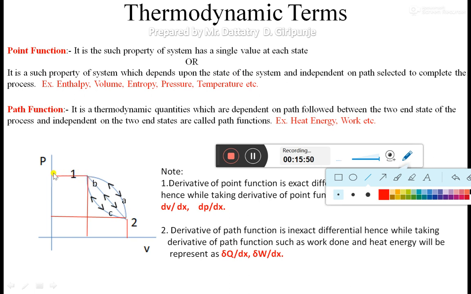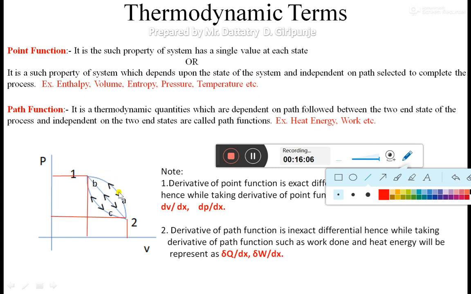The volume and the pressure remain fixed. If you travel through path A, it will remain P1, V1, and P2, V2; by B also, by C also.